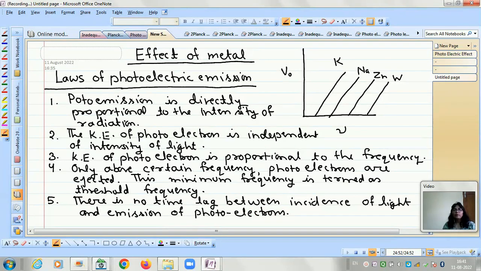There is no time lag between incidence of light and emission of photoelectrons. So these 5 laws are the fundamental laws of photoelectric emission.